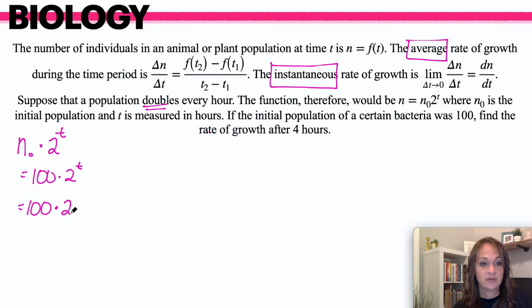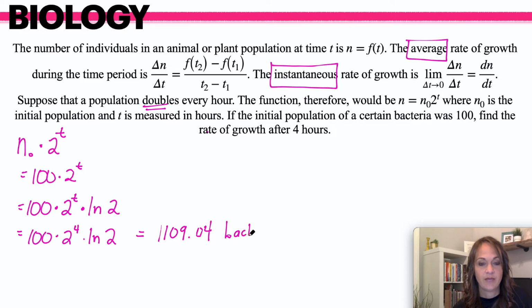So it is going to be the function multiplied by the natural log of the base. And we want to know after 4 hours. So we're going to plug in 4 into t, and we get roughly about 1,109.04 bacteria per hour.